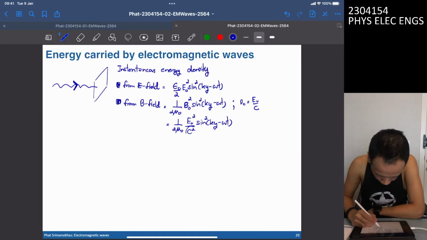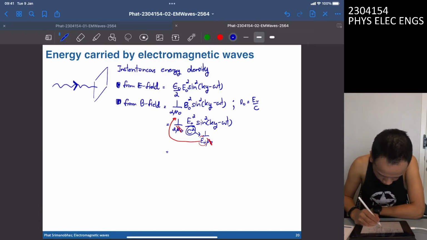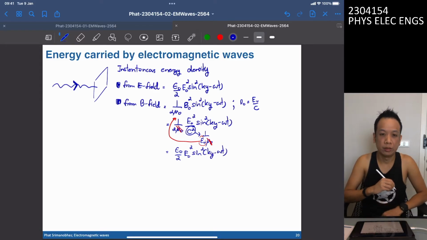Okay, and the C squared, you know that it's 1 over epsilon 0 mu 0. So mu 0 cancels, epsilon 0 moves to the numerator. So you have epsilon 0 over 2 E0 squared sine squared of (ky minus omega t).